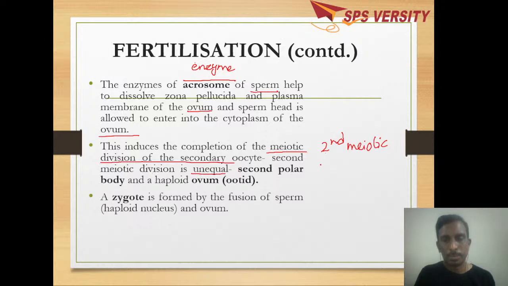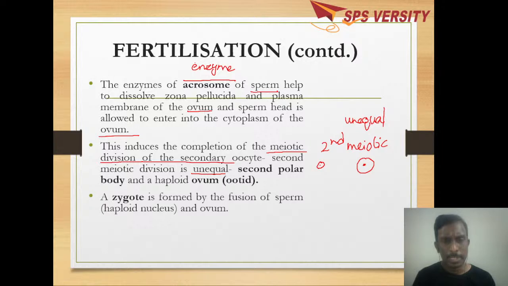Unequal means the cytokinesis is unequal, where a small second polar body is formed and a large haploid ovum is formed.